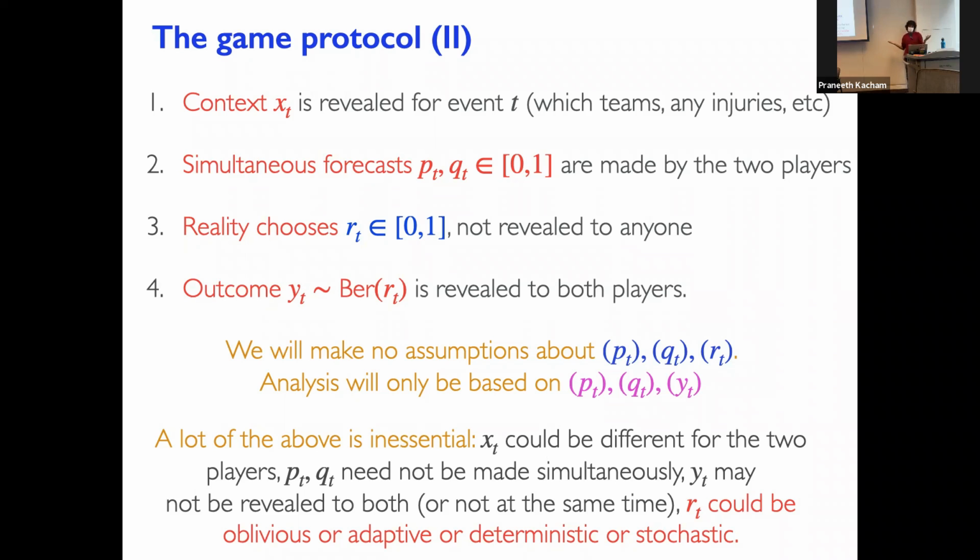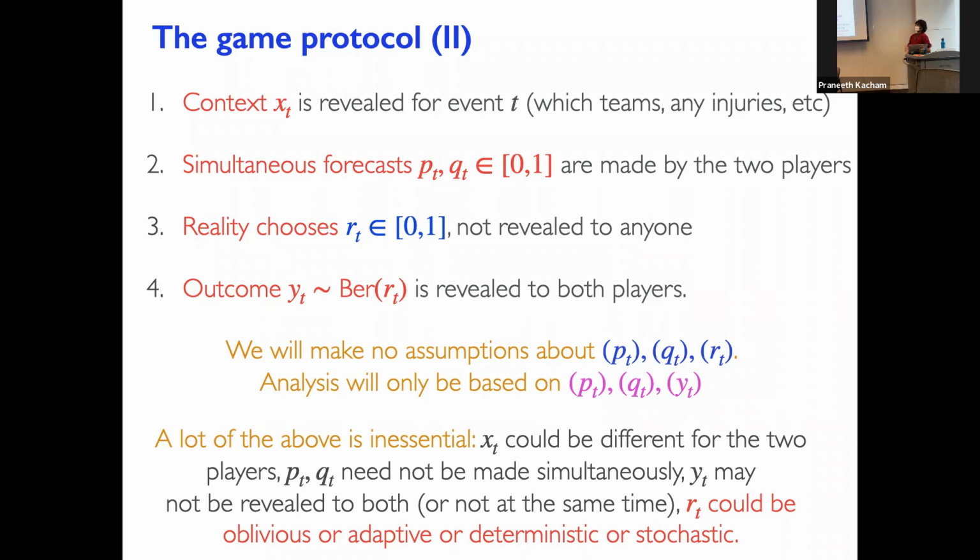But we're also going to allow reality to do other things potentially, and we're not going to restrict reality in any way. So that's a particular instantiation of reality. The key part, which we will come back to repeatedly, is that we will make no assumptions about RT, about what that sequence is. Are you going to now analyze RT as a potential player, compare RT to the other players? No, we're not going to do that.